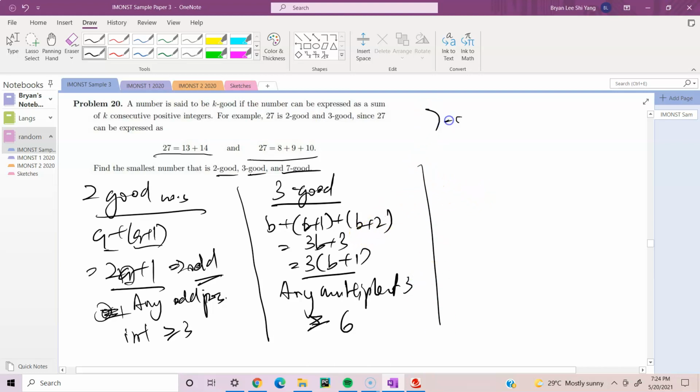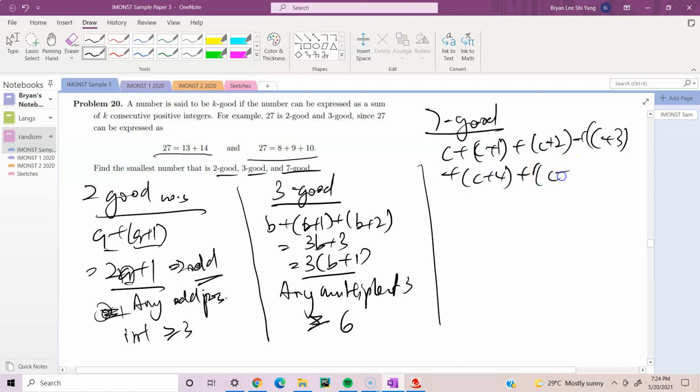Now, 7 good, right? 7 good numbers would be in the form of c plus 1 plus c plus 2, plus c plus 3, plus c plus 4, plus c plus 5, and finally plus c plus 6. So we would have 7c plus, you just do the addition yourself, 7c plus 21, and then you find that 21 is actually a multiple of 7. You just take the 7 out, you get 7 times c plus 3.